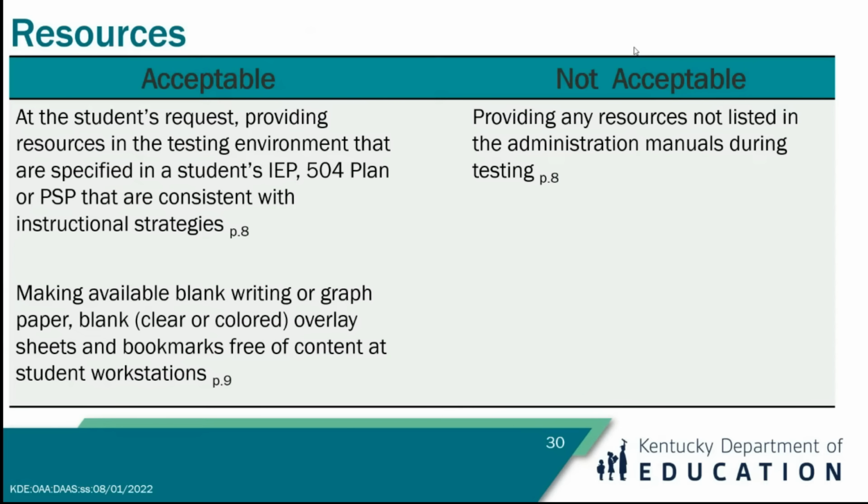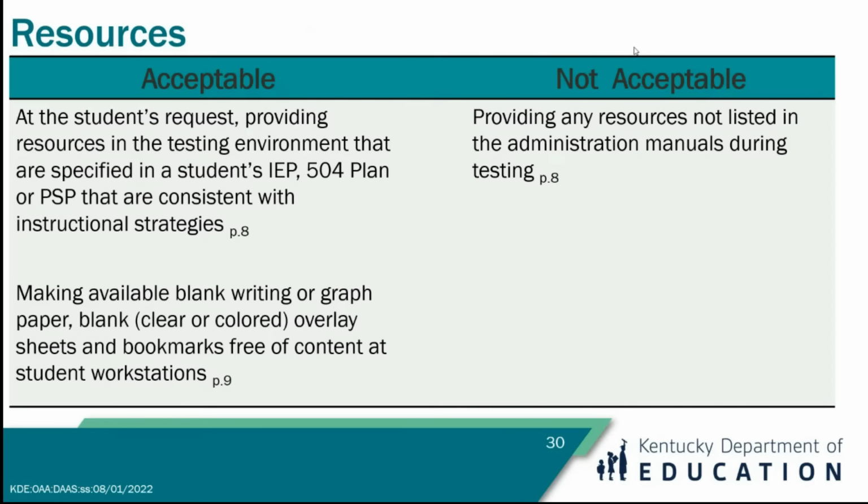A student's IEP, 504, or PSP may allow the student to have additional resources not mentioned in the script. Please check with your BAC concerning accommodations. If using test booklets, blank writing or graph paper, clear or colored overlay sheets, and bookmarks free of content are allowed at the student's workstation.